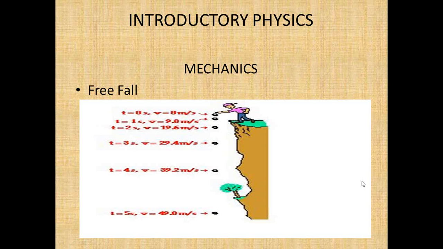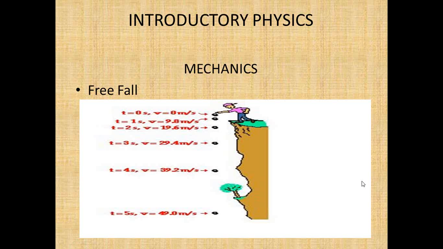And then we top it off with free fall. So we're going to continue with free fall this morning. When we say something is in free fall, the only force acting on the object is the force of gravity pulling the object downwards, and we tend to neglect air resistance.